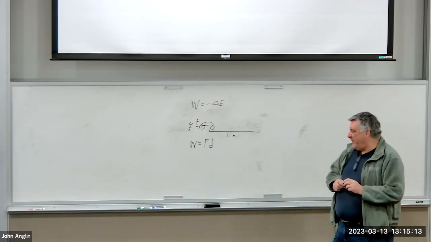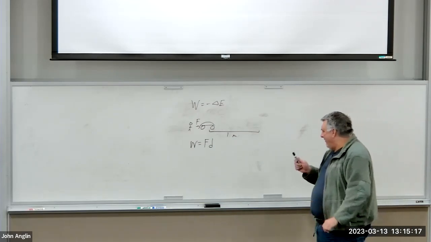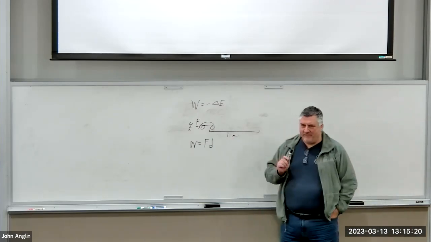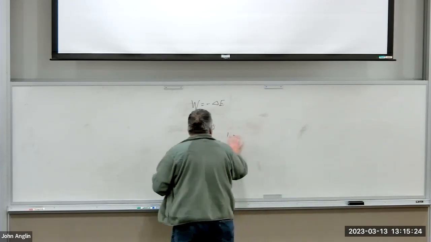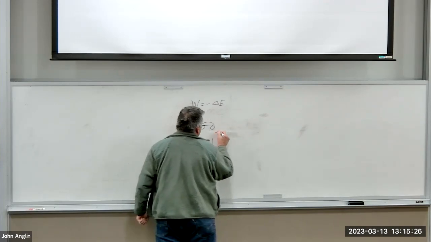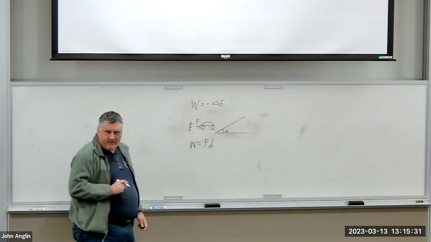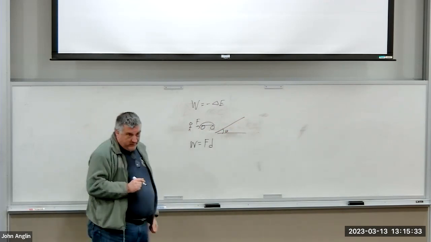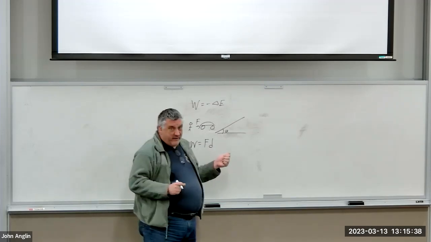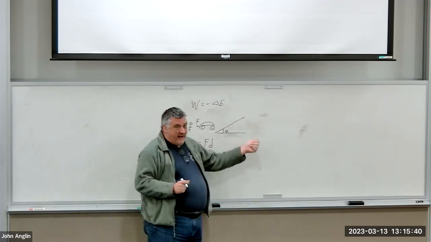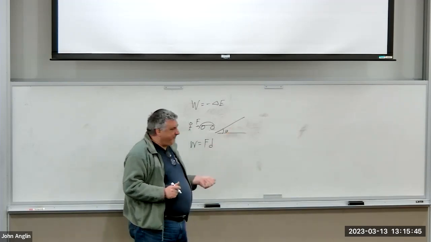There's one other thing that we need to incorporate into this. What if the car is on a hill? Right? Instead of just a flat road, what if it's up some kind of hill? Well, then the amount of work I have to do is going to have something to do with this angle.